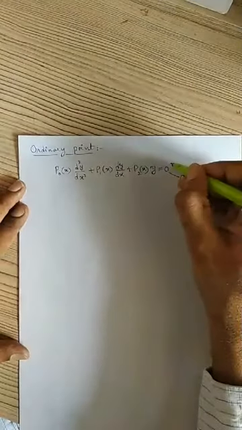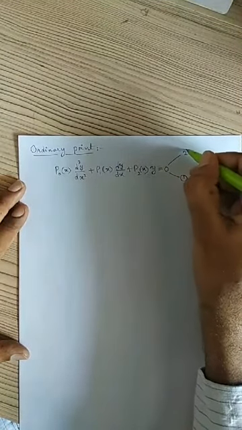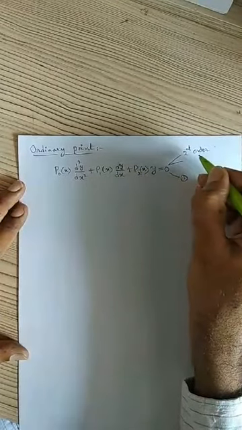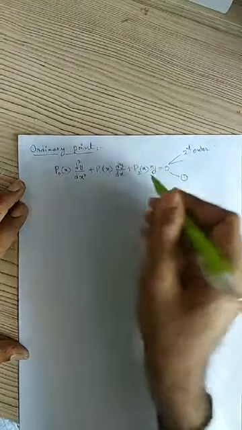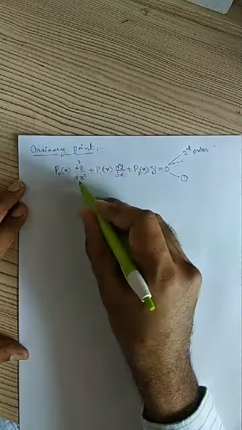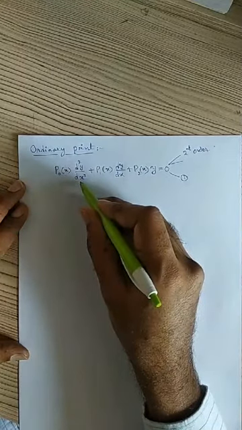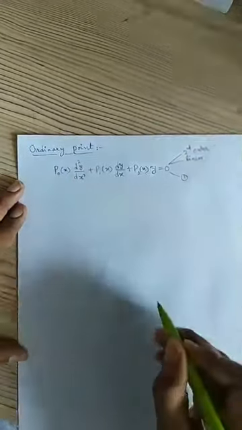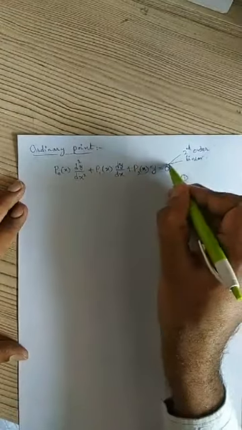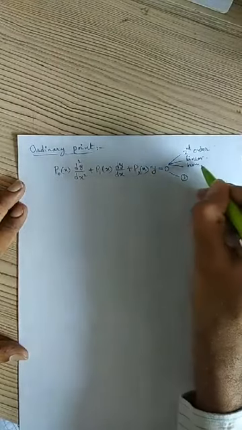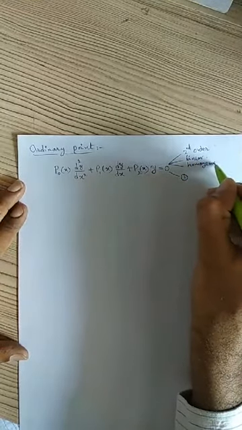Now if you observe, this equation is a second order equation because the highest order derivative is the second derivative. Also this equation is linear because the dependent variable and all its derivatives, y, y dash and y double dash, are of degree 1 and they are not multiplied together. So it is a second order linear equation, and also homogeneous because the right hand side is 0.